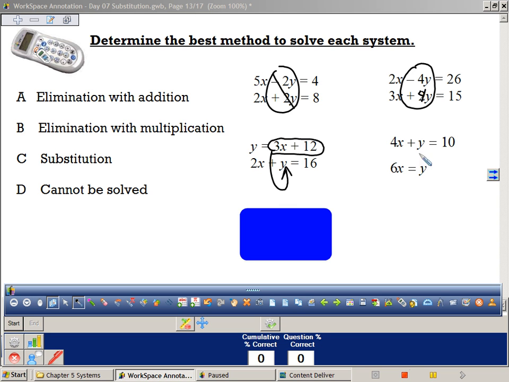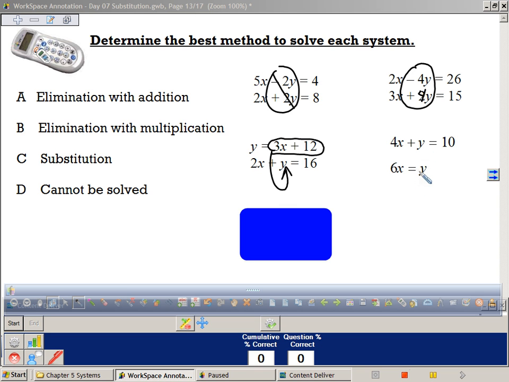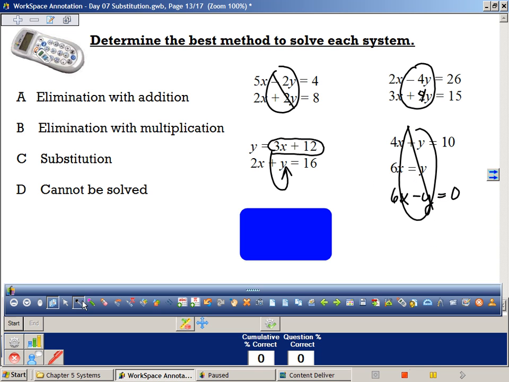This one's kind of crazy a little bit, right? Because I could subtract y and you get 6x minus y equals 0. I could use elimination by addition at that point, but since it says y equals, it would naturally be easier to use substitution.